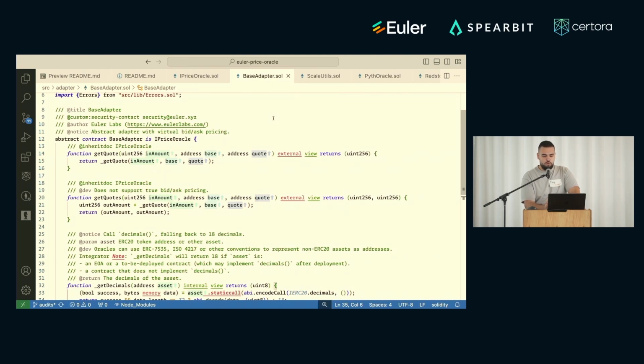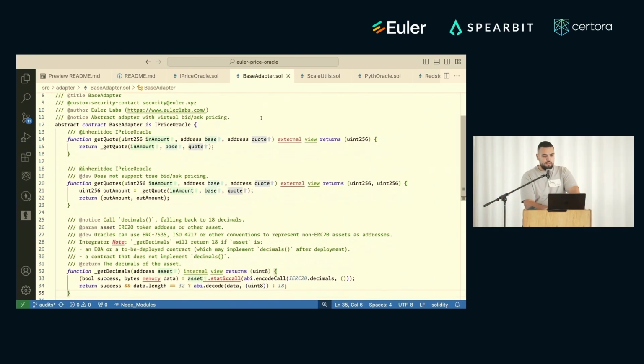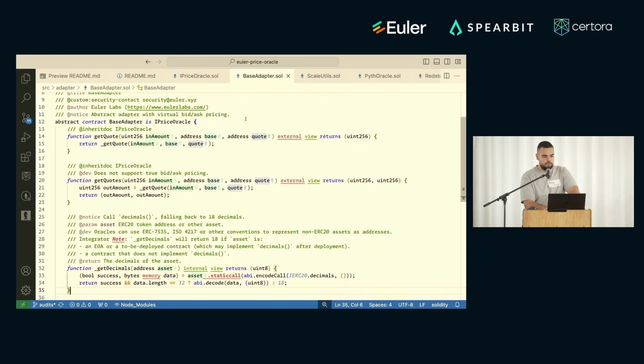So we have a Chainlink adapter, Redstone, and so on. Or you can think of an adapter as middleware that converts the raw answer to a quote according to IPriceOracle. And so BaseAdapter is going to be the abstract base class that all adapters in this code base are going to implement.